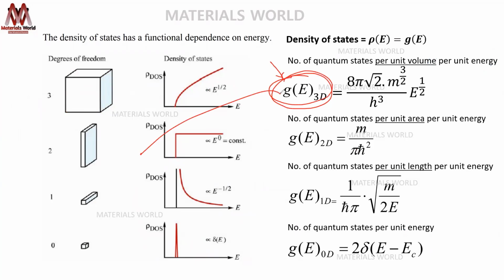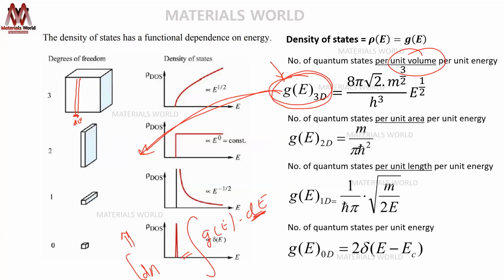I can multiply G of E with this small dE, this much energy, and I can get the number of electrons per unit volume for that dE energy state. Then I can integrate and get the total number of electrons per unit volume, if I integrate this small dE.